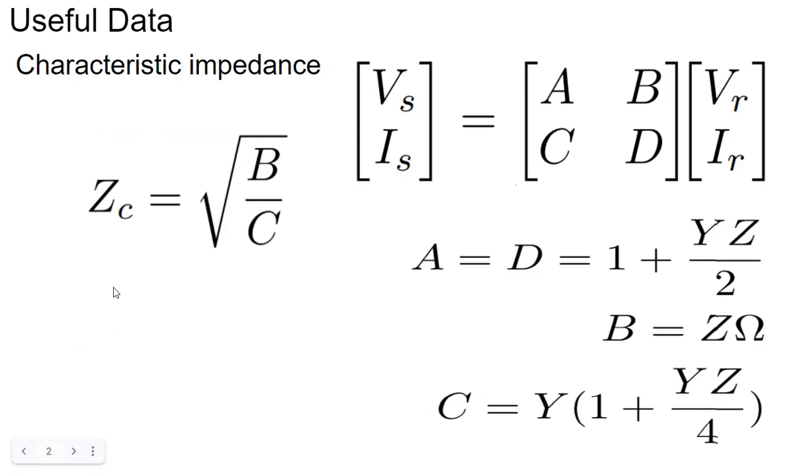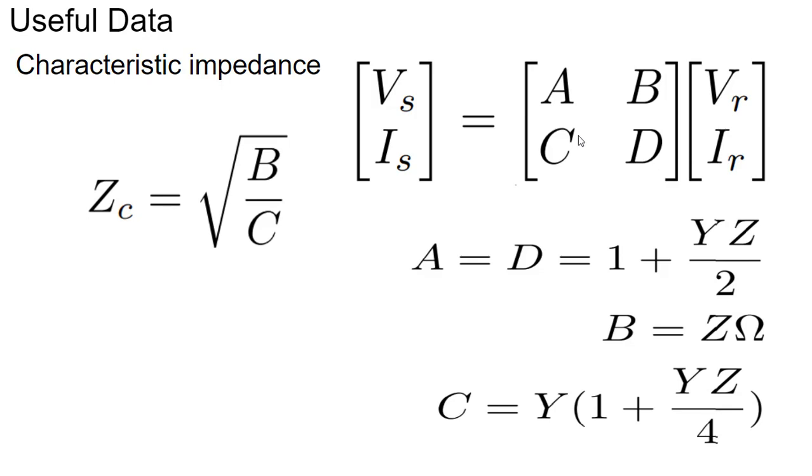Let us have a brief discussion on ABCD parameters of the transmission line. Here Vs is the sending end voltage, Is is the sending end current, and Vr is the receiving end voltage, Ir is the receiving end current.